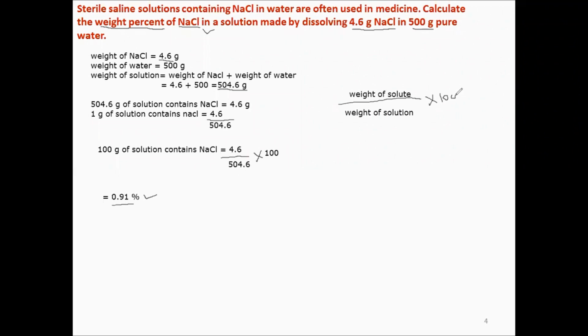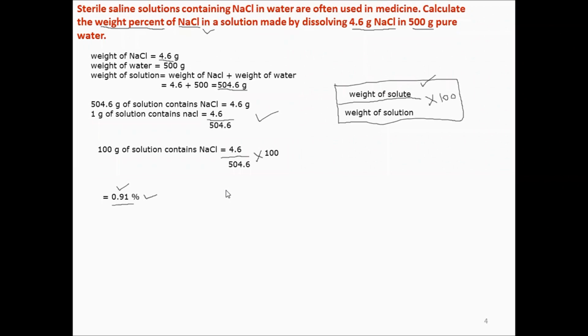So this is the formula for weight percent. If you want to use this formula, you can. In case you forget the formula, please try to remember the definition. You can easily calculate the weight percent of a given solute in the solution.